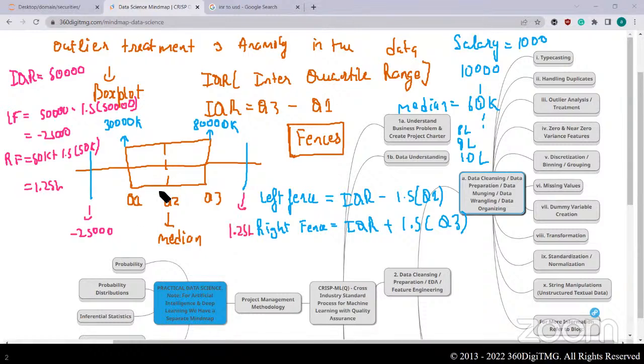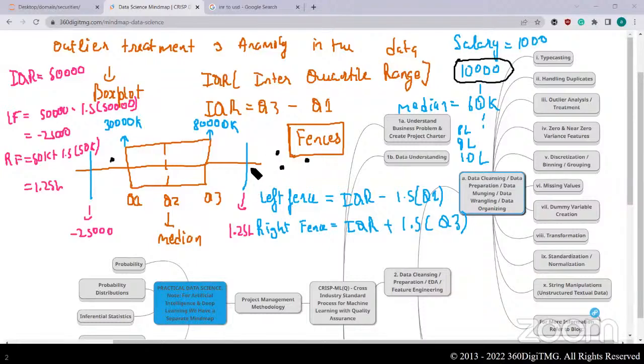Now at the lower end, we don't have any outliers. This 10K salary will lie somewhere here. But you have this 8 lakh salary, 9 lakh salary, 10 lakh salary. These values are lying outside this right fence.